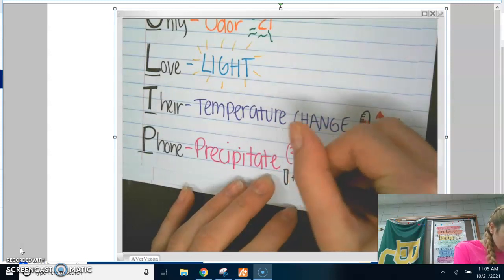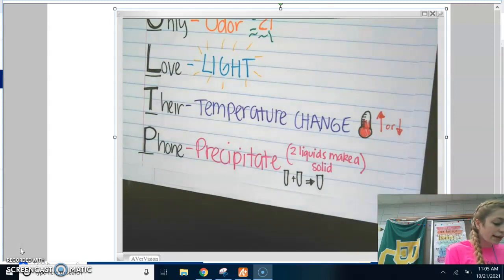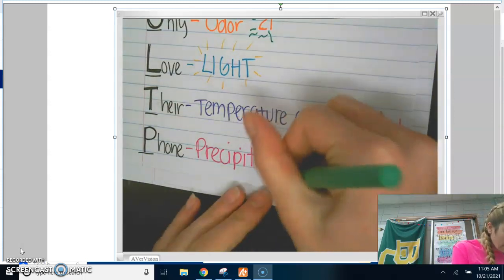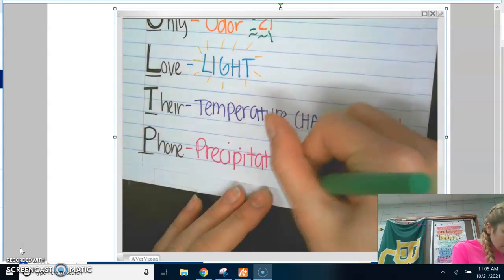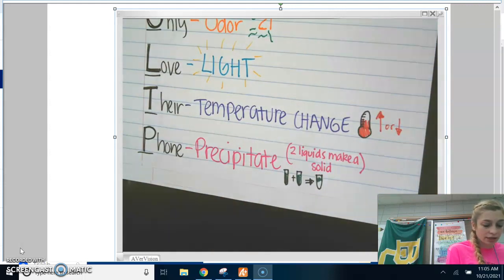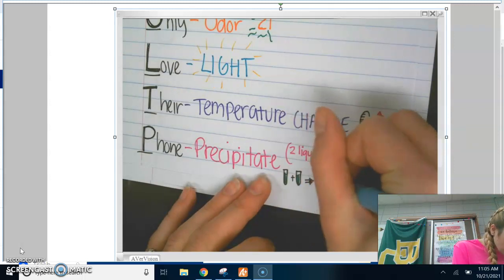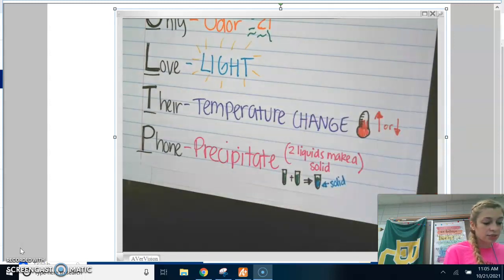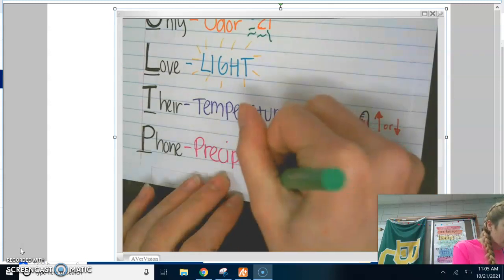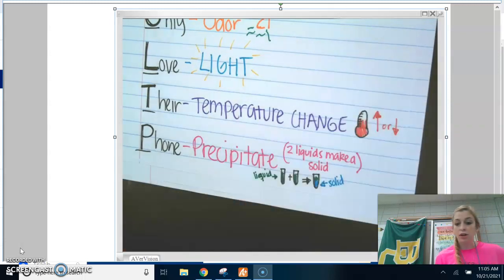And it's not that easy to see, but if you wait a while, it'll settle at the bottom. So I'm giving a little example. Sometimes we combine two things in test tubes, and then you wait and you'll see the solid form at the bottom as the little particles fall down to the bottom.